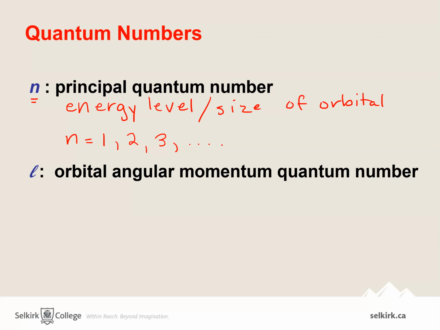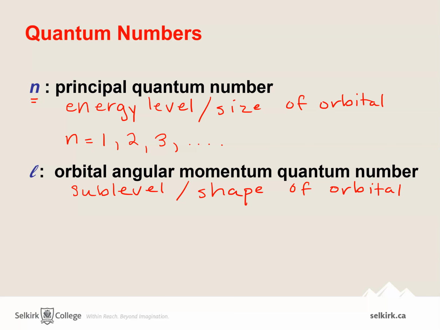I don't care what it's called. I care what it tells me. What it distinguishes is the sublevel, or perhaps more meaningfully, the shape of the orbital. The s orbitals are spherical. The p orbitals are kind of dumbbell shaped, and so on and so on.